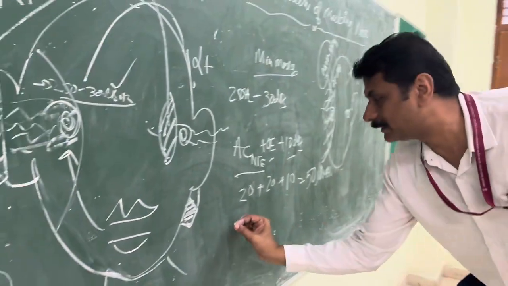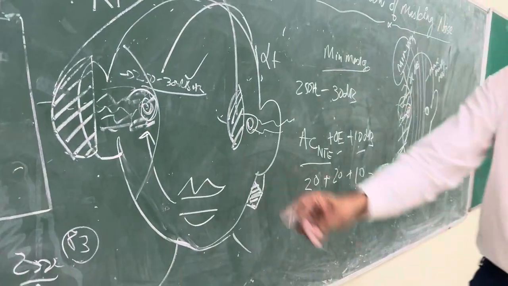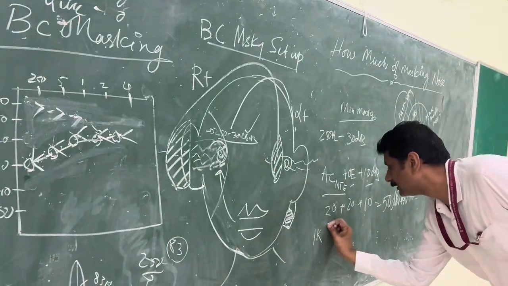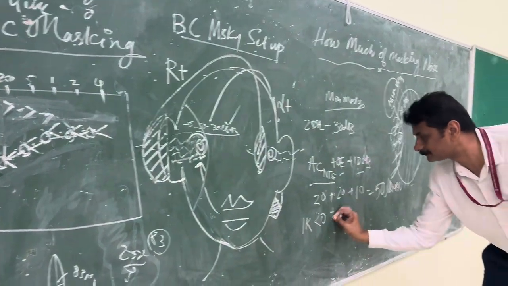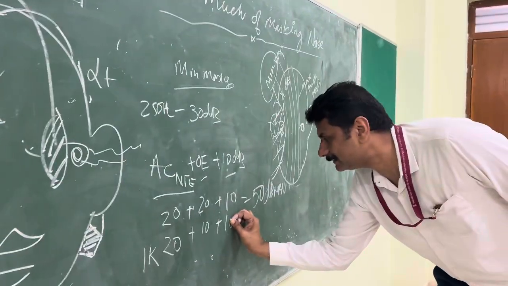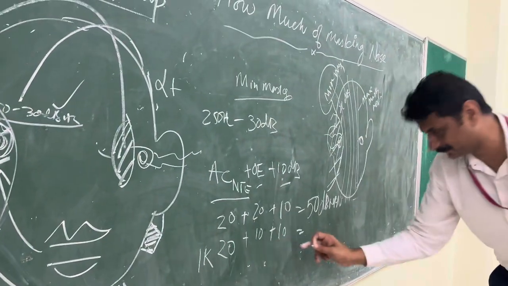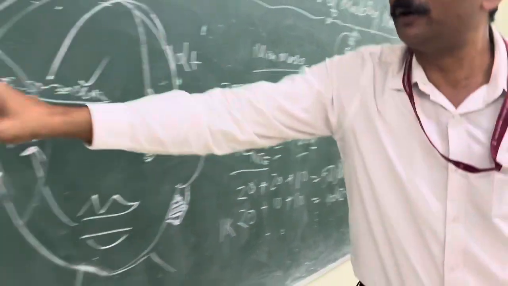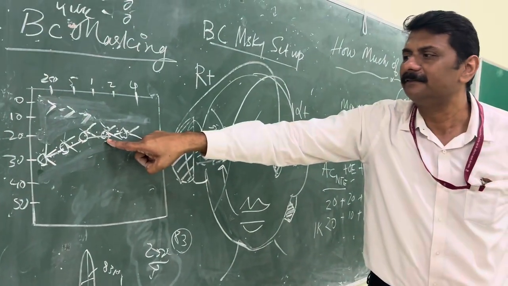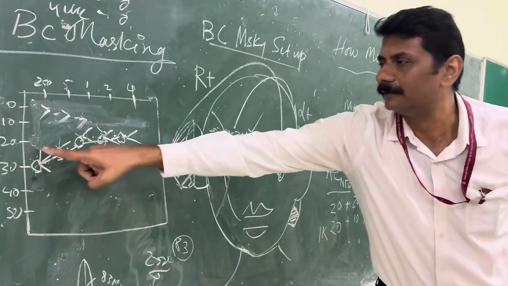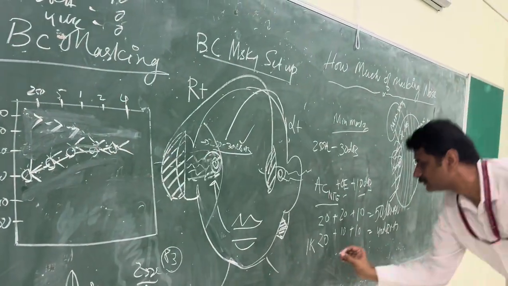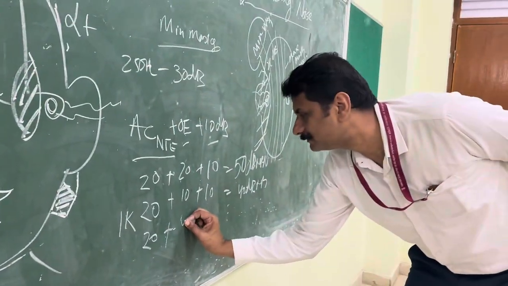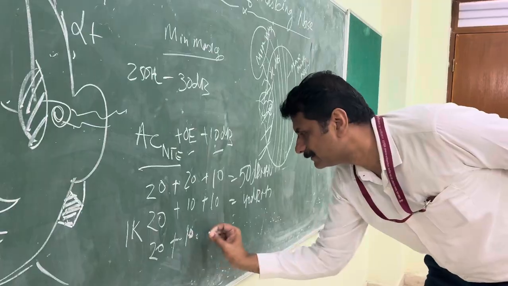When it comes to 1 kilohertz, let's say, what would be the noise? AC at 1 kilohertz is 20 decibels. What is the occlusion effect here? 10 dB.